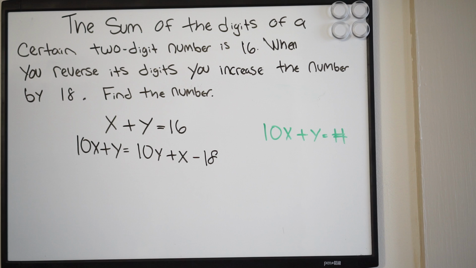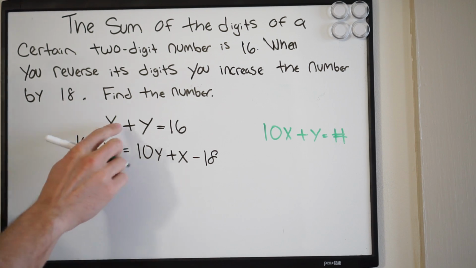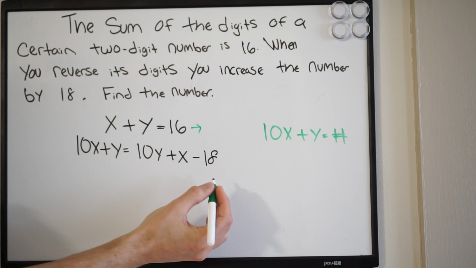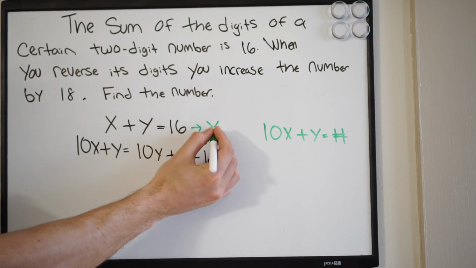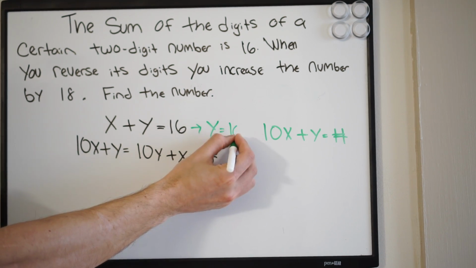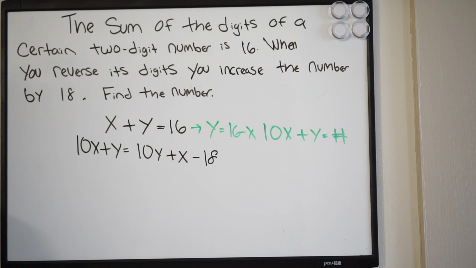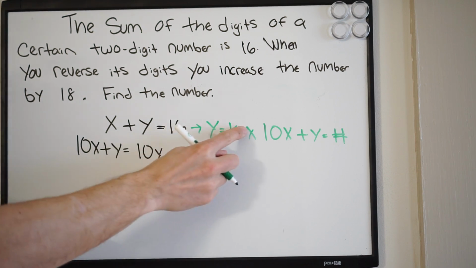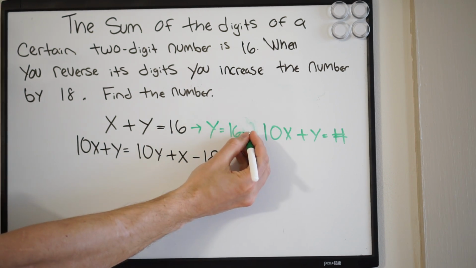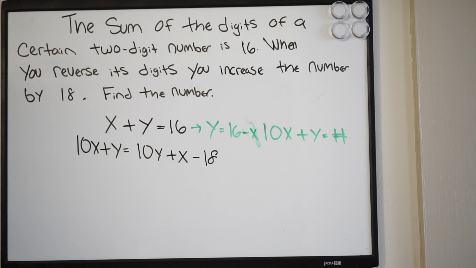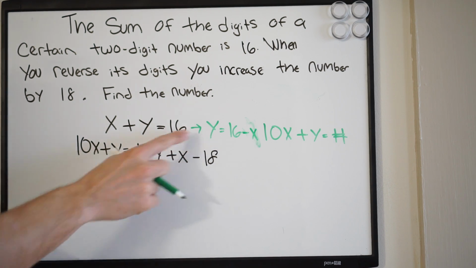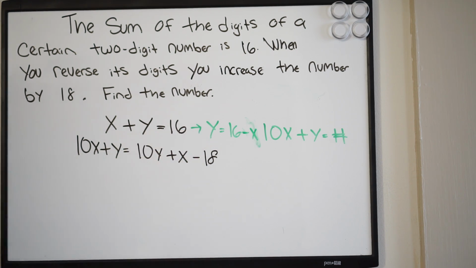Now that we have it written out, we can solve this using substitution. So for example, if I look at this equation right here, I can rewrite this as y equals 16 minus x. And now I'm just going to plug this y in wherever I see it in this equation. So let's go ahead and solve this.